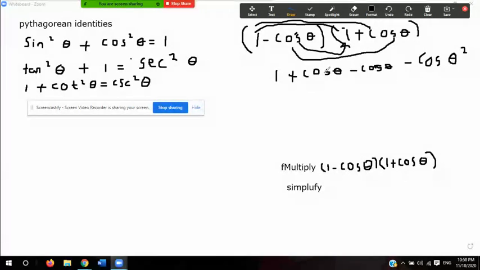That's going to leave me with 1 minus the cosine squared of theta.